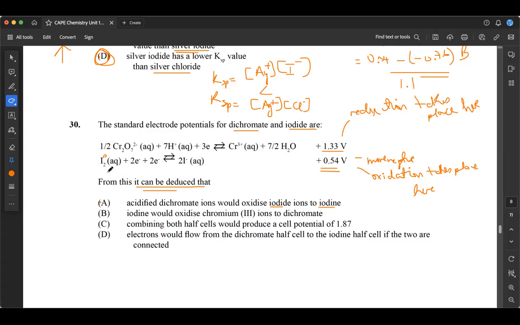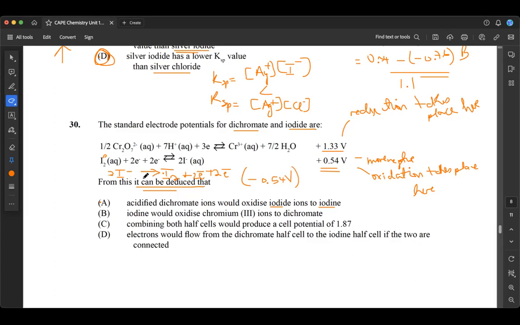We would write 2I minus goes to I2 plus 2e, and of course we have to rewrite that electrode potential as 0.54. This is the more negative one.